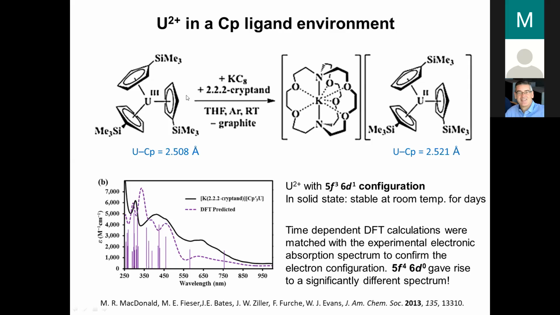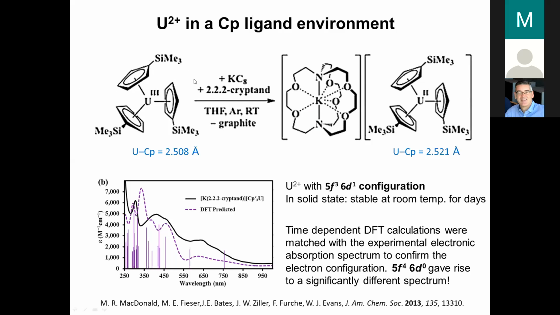What he did was synthesize a very prototypical uranium-3 cyclopentadienyl complex, where he added one trimethylsilyl group per Cp ring to add some additional steric bulk to the ligand to protect the central uranium ion from decomposition, for example, by interaction with solvents after a very highly reactive uranium-2 species is synthesized.